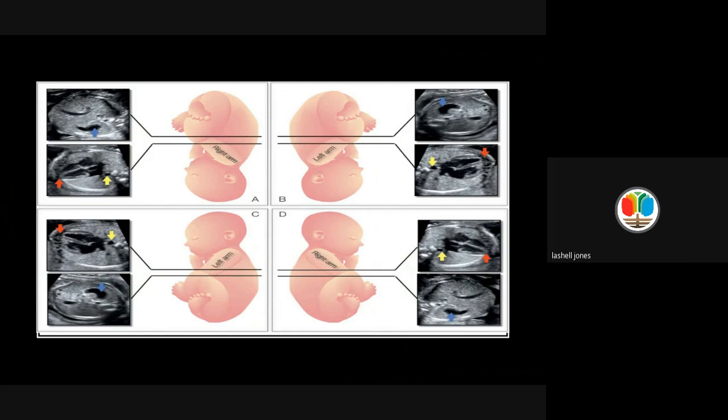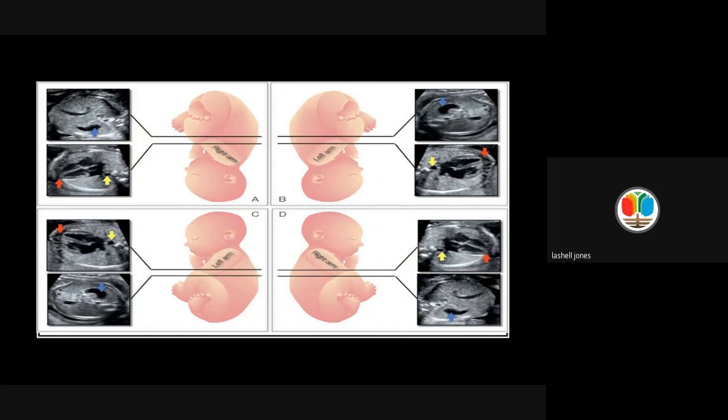With vertex babies, remember, vertex or breech, we are at a longitudinal lie, so the spines are parallel with mom. You can see that in an example with the baby's positions here. Starting with both A and B, the baby is vertex, so you see where the spines are located, parallel to mom.